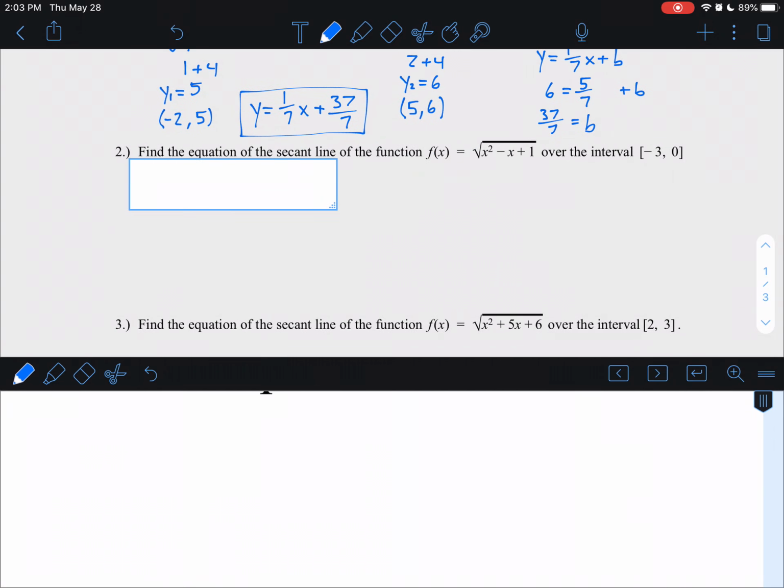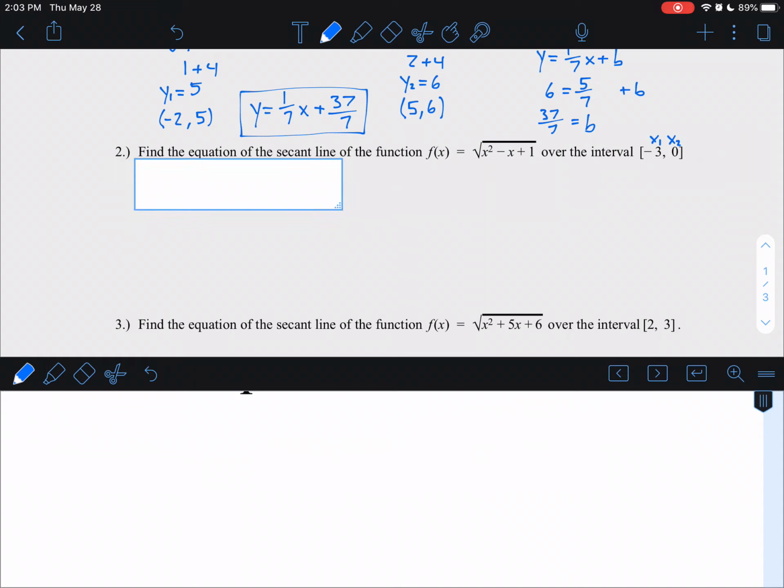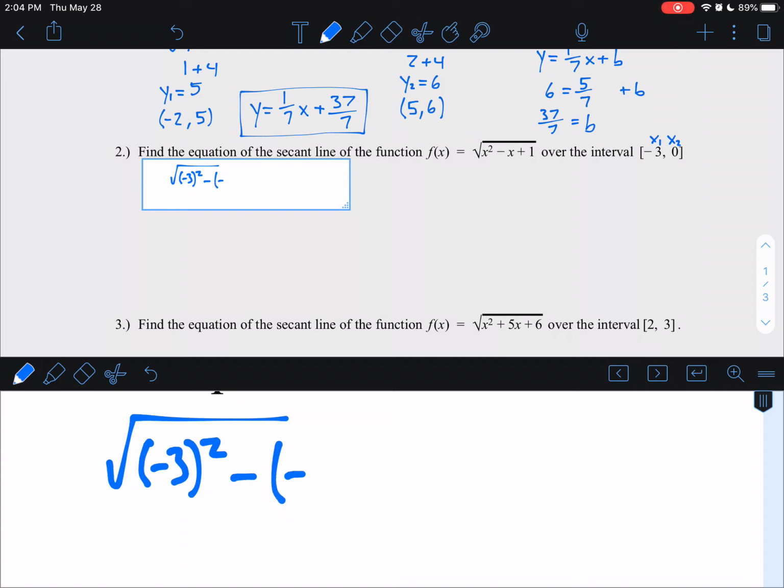So when -3 is the x value, here's our x1 and our x2. That gives me the square root of -3 squared minus -3 plus 1.